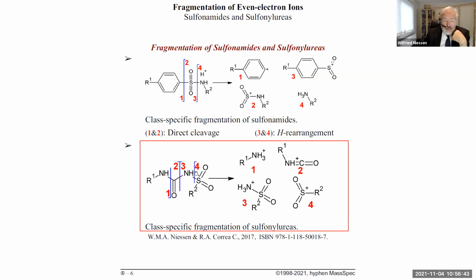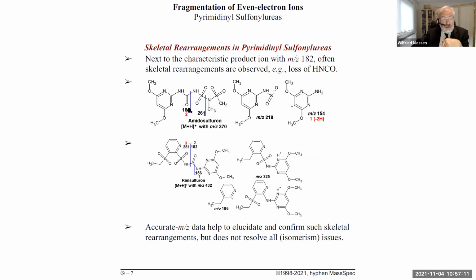Immediately at the sulfur with charge retention at that side, it can have cleavage of the carbonyl nitrogen bond at the side of the sulfur with charge retention on either side, and it can have cleavage of the other amide bond in the urea structure with charge retention on the nitrogen side of the molecule. And there are some examples here for positive ion mode where you actually see this happening. Some of these fragments do occur.